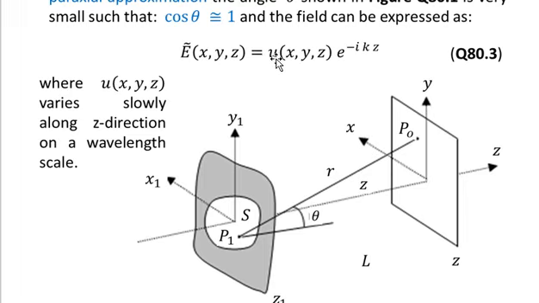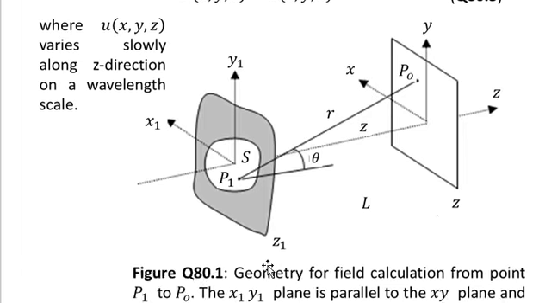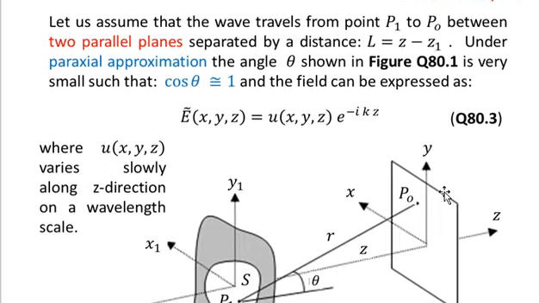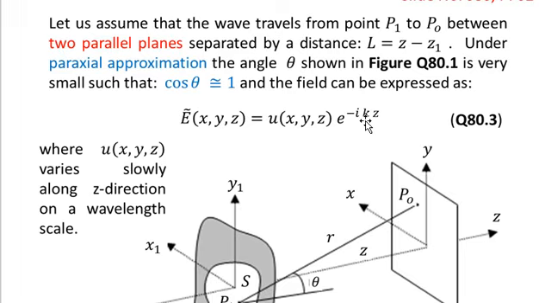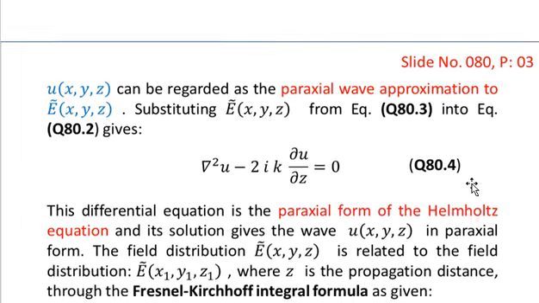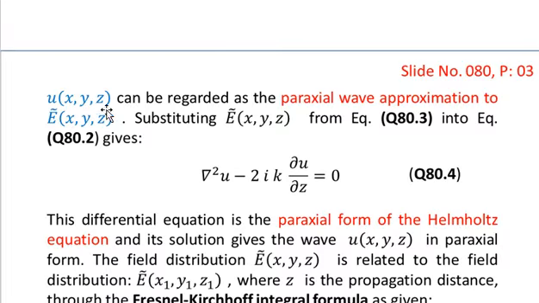So u varies very slowly from the plane z1 to the plane z, and the phase factor e to the power iota kz takes care of the phase variation from the plane z1 to the plane z. U of x, y, z can be regarded as the paraxial wave approximation to the wave E prime of x, y, z.